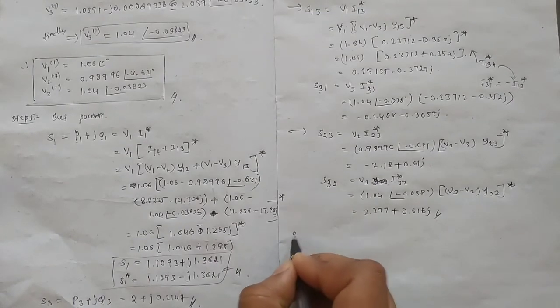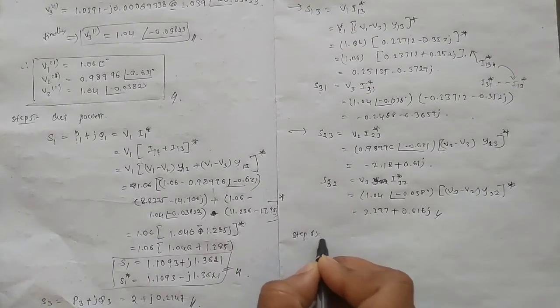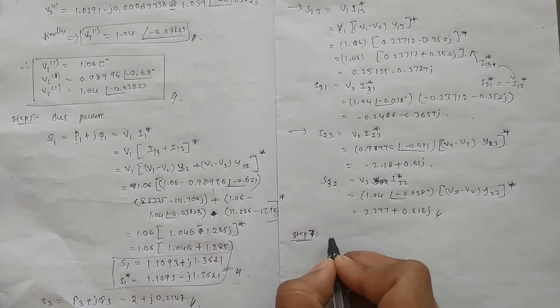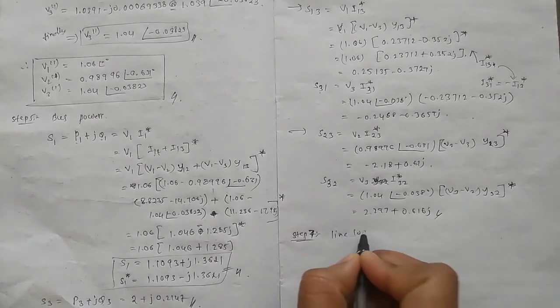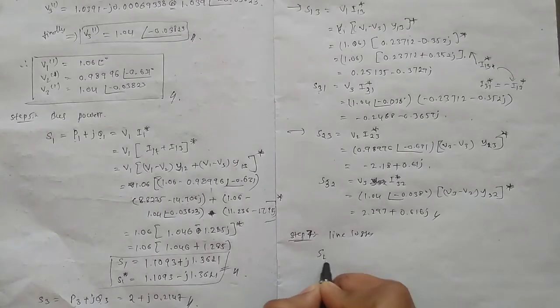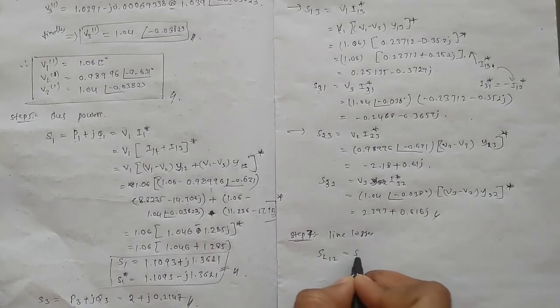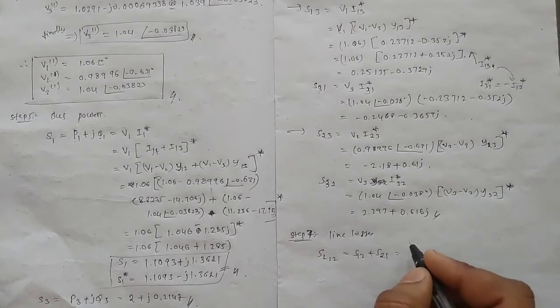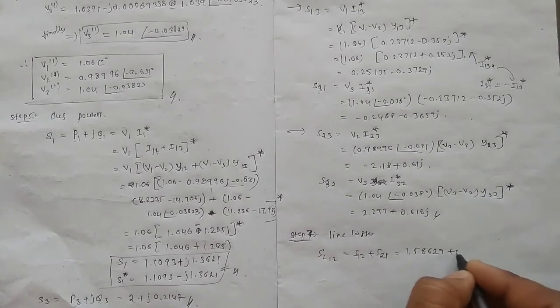At the last, after step 6, in the last step 7, we need to calculate line losses. Line loss is nothing but SL12 is equal to S12 plus S21 is equal to 1.58629 plus 0.06J.